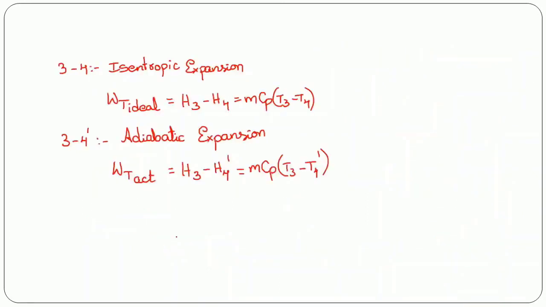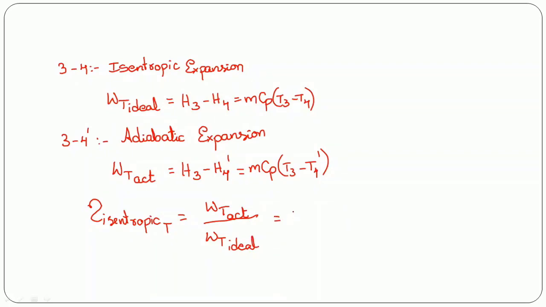Now the isentropic efficiency of the turbine will be WT actual by WT ideal. So here we need to consider actual by ideal.